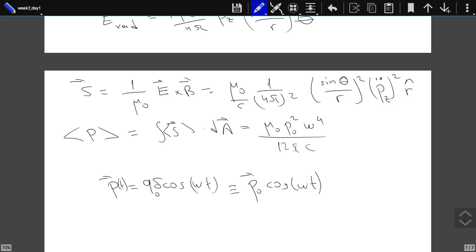Any questions? For this calculation, we don't really care about that. What we are looking at is, I have some localized charge over here. Does the energy radiated from this charge go to infinity?